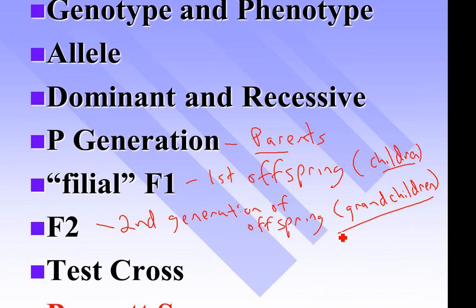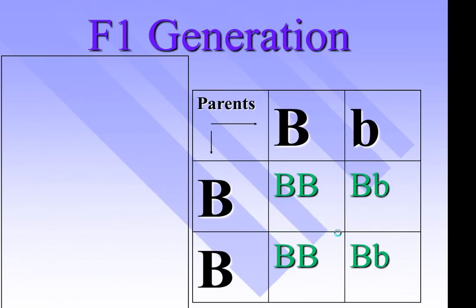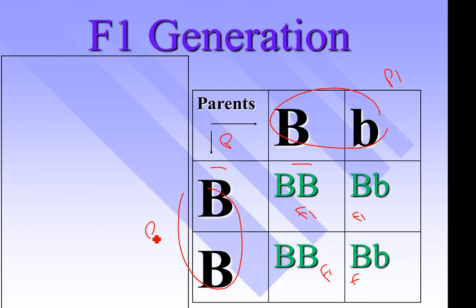So to close this video, let's go ahead and look at this. All right, so I'm going to label this the P. That means the offspring here are the F1, F1, F1. This is one parent, and this is another parent. And actually, I shouldn't write parent 1 and 2. I don't want you to confuse the numbers.